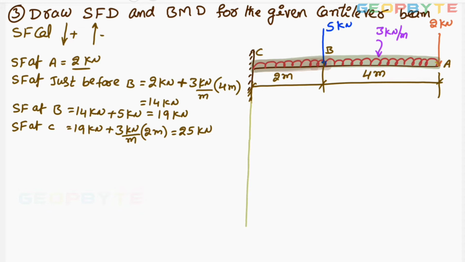Project the vertical lines from the respective points, like this. Project thin vertical lines, not thick lines. You take a reference line.